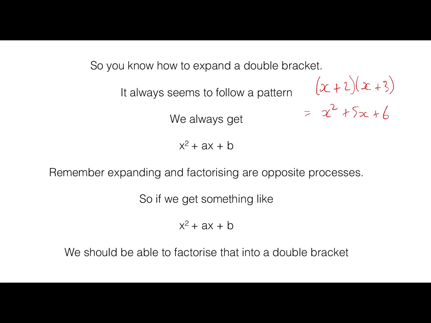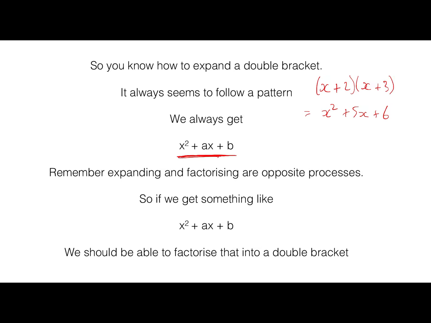Now, you'll notice that if you do a double bracket question like this, with x plus something and x plus something, you'll always get x squared plus some amount of x plus something else. So you will always get this format. That's what happens if you expand a double bracket.